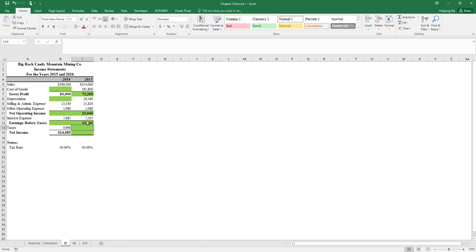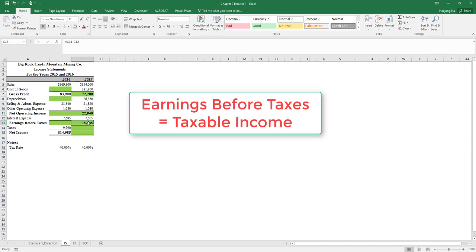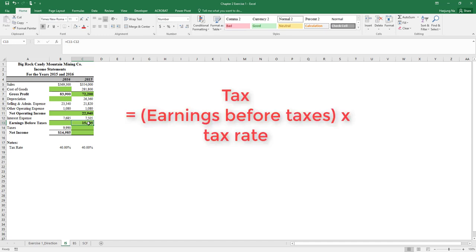Another name for earnings before taxes would be the taxable income. What taxable income means is your tax amount is decided upon earnings before taxes, okay? So you have to apply the tax rate to this income if you want to calculate the tax amount.